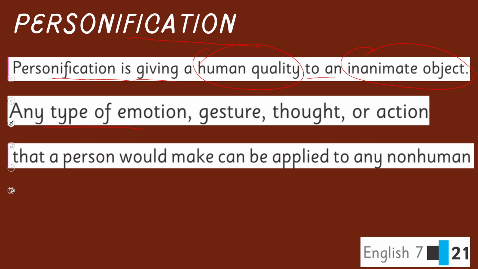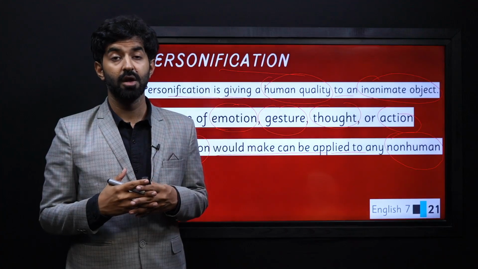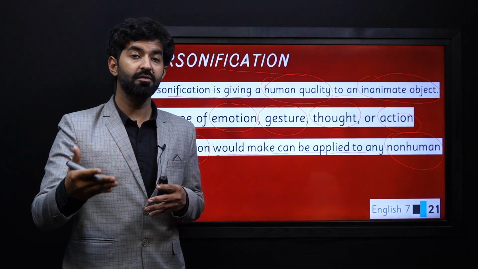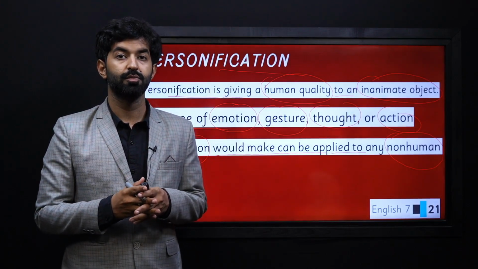Any type of emotion, gesture, thought, or action that a person, a human being, would make can be applied to any non-human, let's say any animal, anything that is inanimate object. So when you give human-like qualities that human beings possess and you give it to non-living things or other than human beings, we call this personification.